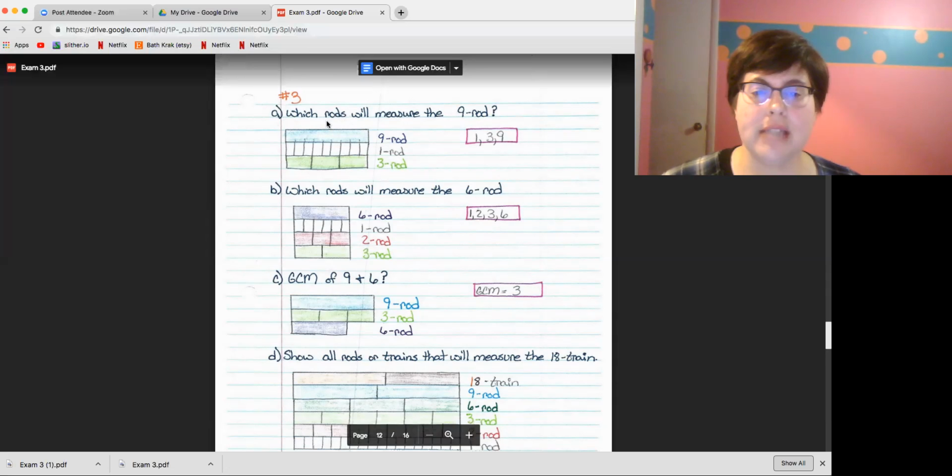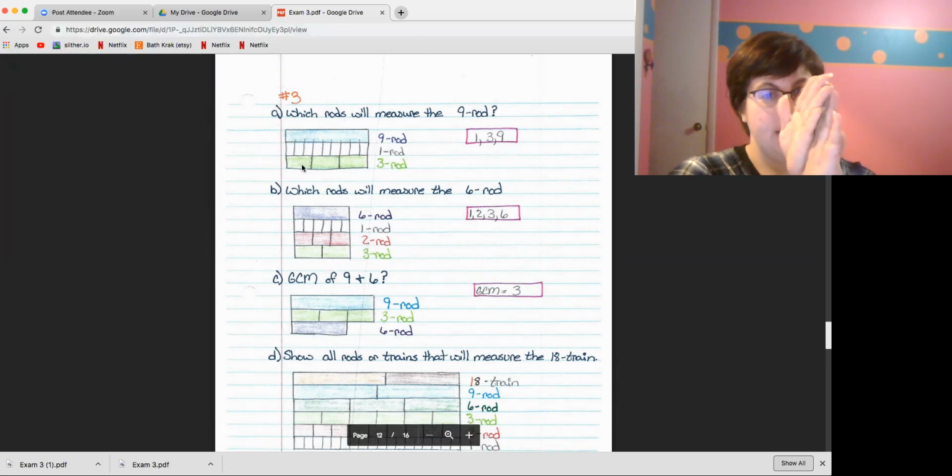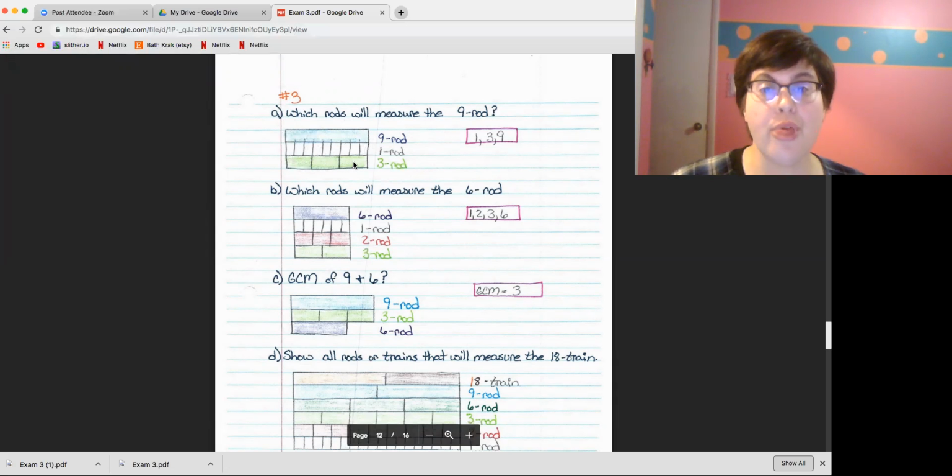So here we say which rods will measure the 9 rod. Well, we're going to want this to be even measurements. So we take this 9 rod, and we know we can put 9 1 rods, and it's equal to the same length as a 9 rod. This is laying them end to end along the way. We also know we can take 1, 2, 3 green rods, and that is also equal to 1 9 rod.